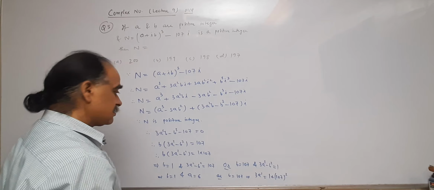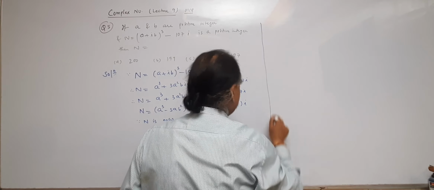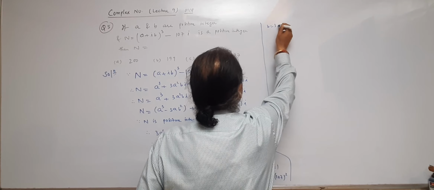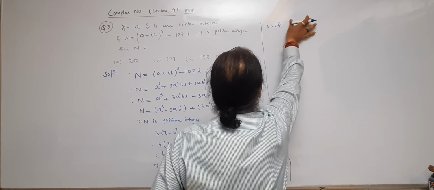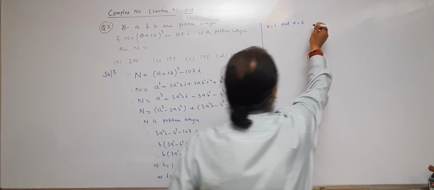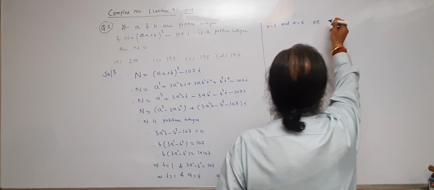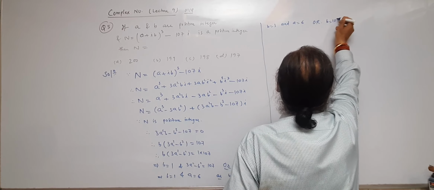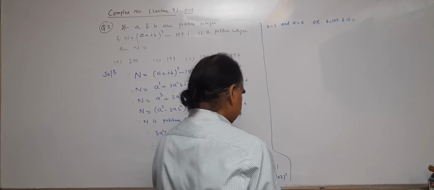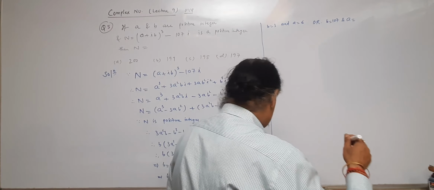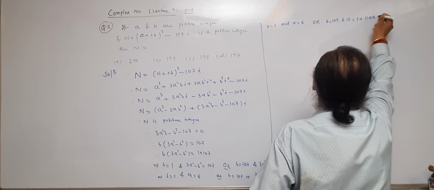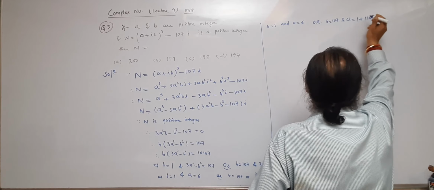So a will be what? 107 square plus 1 will give you 1 plus 11449, and we take the cube root of that upon 3.